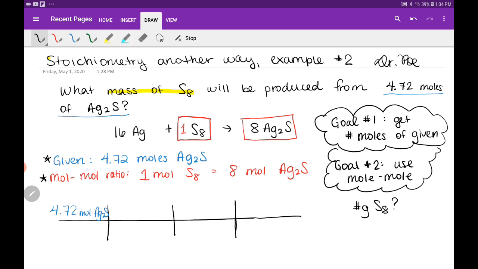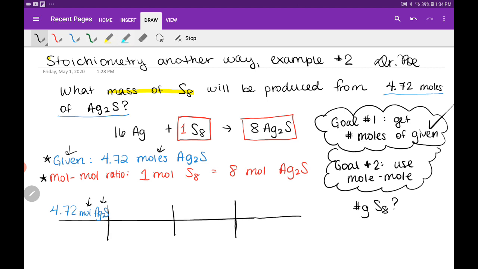First goal is to get the number of moles of the given. This is the given, and it's already in moles, so let's not do any more math there. It's already in moles, so that's a huge check. Done. Okay, so now we're going to go to goal number 2.